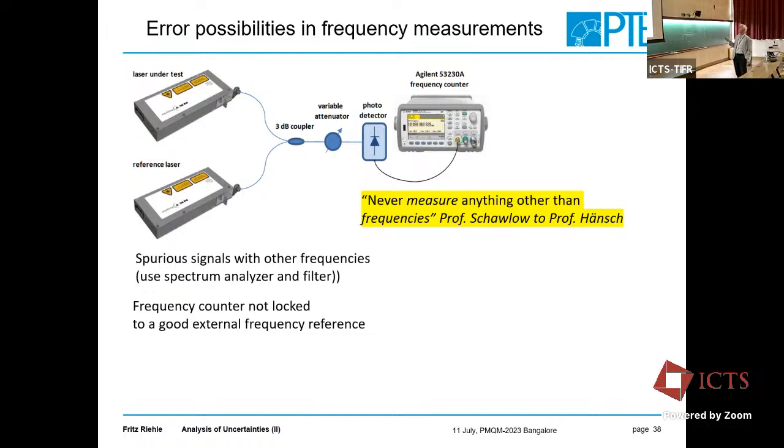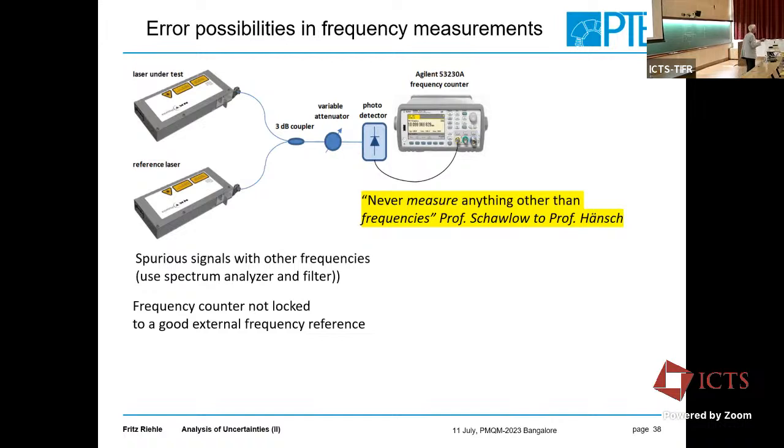So if you take, let's say, a signal of 100 megahertz, which is 10 to the 8 hertz, and your inaccuracy is 10 to the minus 7, you make an error of 1 hertz.